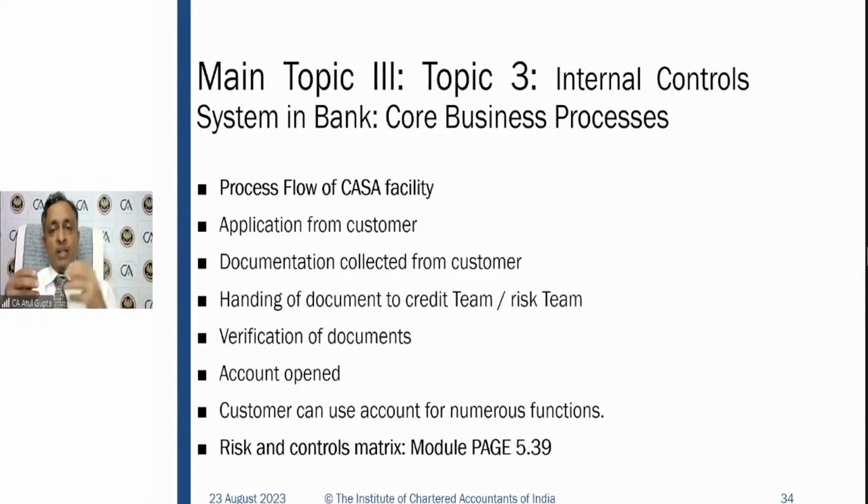Based on this, the credit team or risk team does a background check of you as a customer. The government has already created a central database of willful defaulters and fraudsters. All public sector and private sector banks are connected to that central database. So all your document validation is done, like a history of you as an individual is captured. Once that is done, documents are verified, then the account is opened, and then the customer can use the account for numerous functions.